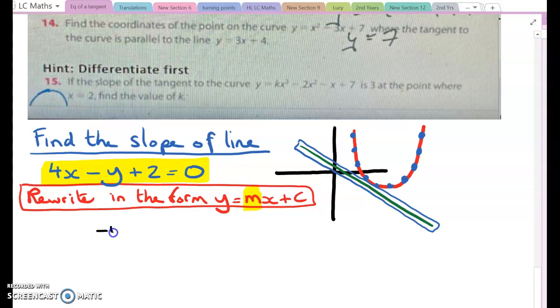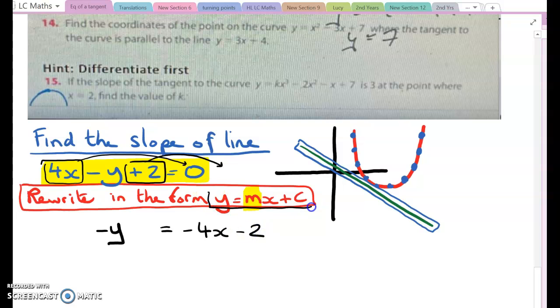Okay, let's leave the y where it is and leave the equals where it is, and bring this 4x over to this side, so it becomes a minus 4x, and bring this plus 2 over to this side, so it becomes a minus 2. Now it's almost in this form, but we don't want a minus y, it should be a plus y.